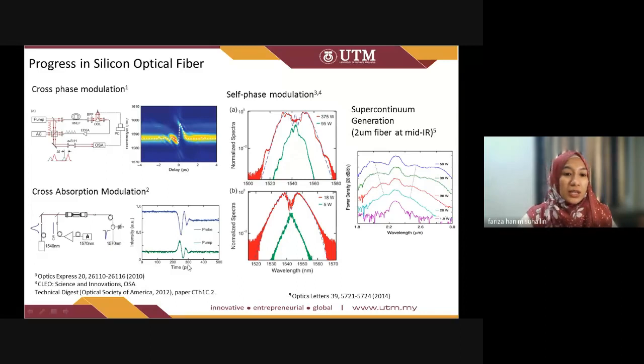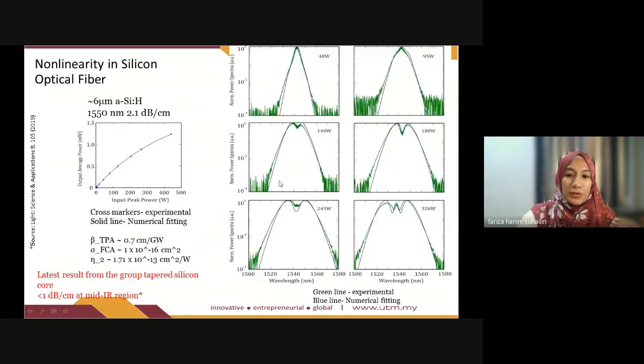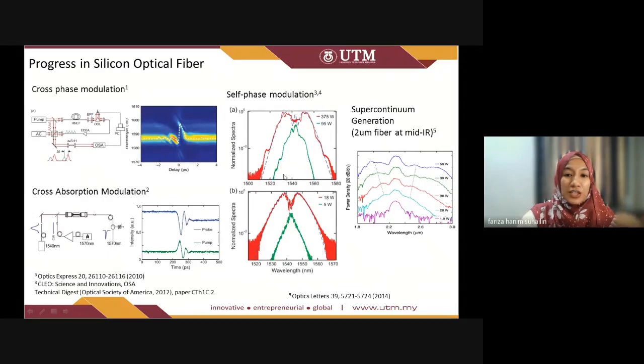So what else can we do besides all-optical signal processing? We can generate new frequencies to support dense wavelength division multiplexing systems by self-phase modulation. This is at 6 micron, this at 2 micron, where we can see reductions in the threshold to observe similar broadening.